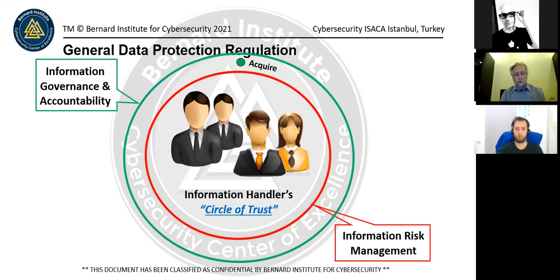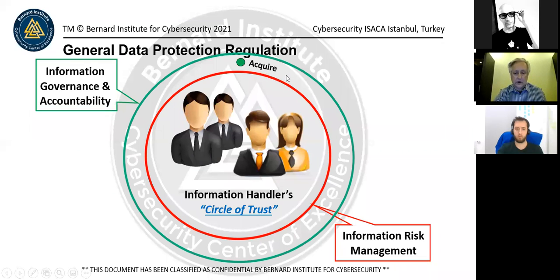So when we acquire information, we have a governance process in place to protect that information and how it's managed. As I mentioned before, 35% of the process is governance. And then we also have an information risk aspect to this. So what is the risk of mishandling information, or where do we store it? How do we protect it? Those types of questions need to be asked.